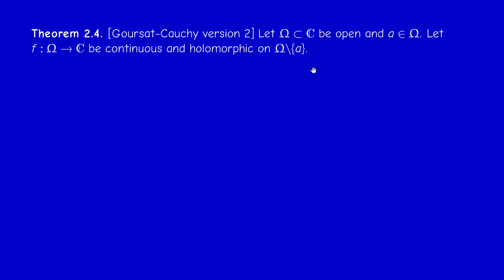So the assumption is a little bit weaker than the assumption of version 1, and we have the same conclusion. The integral over the boundary of any triangular region in omega of f is 0. Okay, so in principle, it seems that this is a better theorem or a stronger theorem because under weaker assumptions, we have the same conclusion.